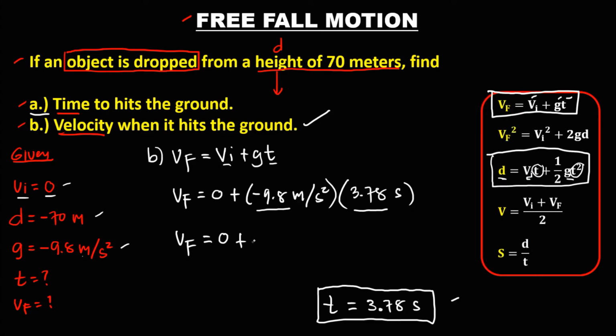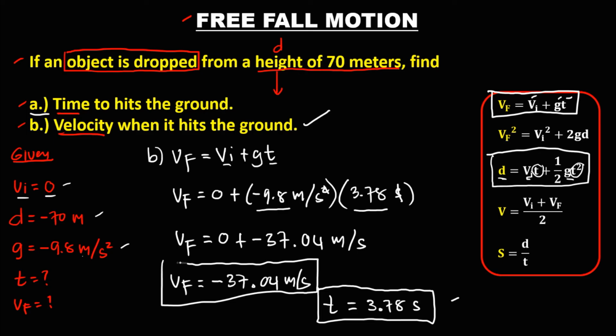Cancel one second, so that's meters per second, and the final velocity is negative 37.04 meters per second. Take note that the final velocity is negative because the object is going down.